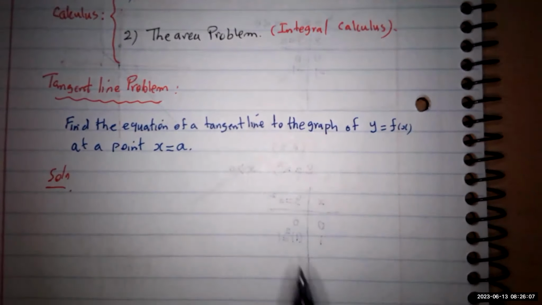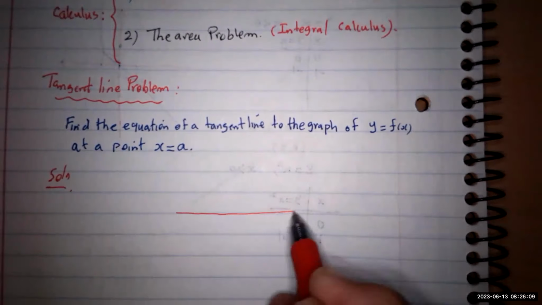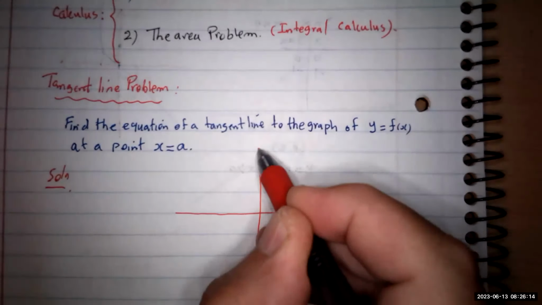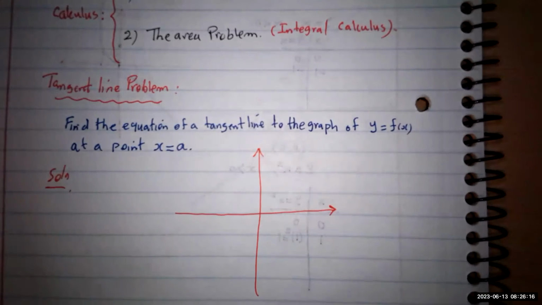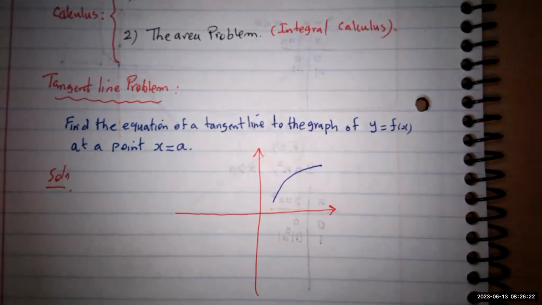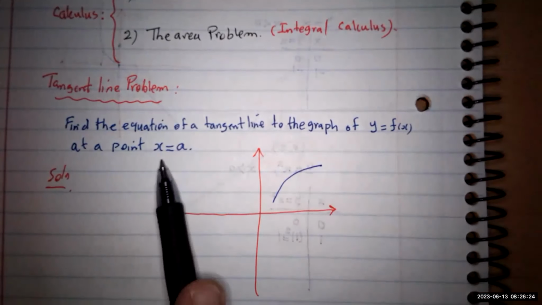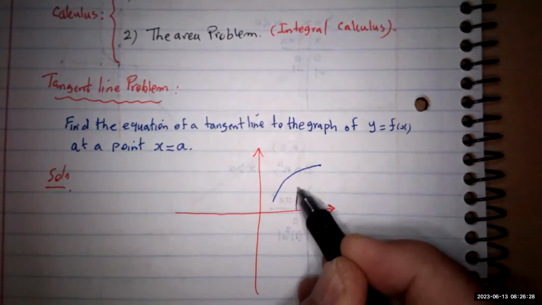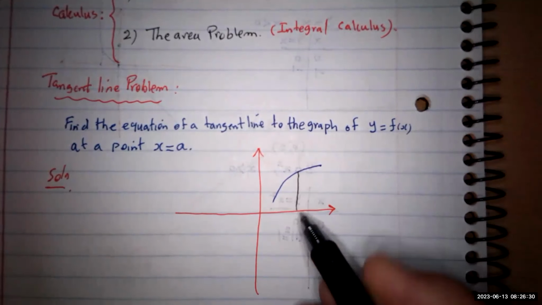To get a better understanding, let's have a graph here. Suppose this is the given curve, and we have a point x equal to a.